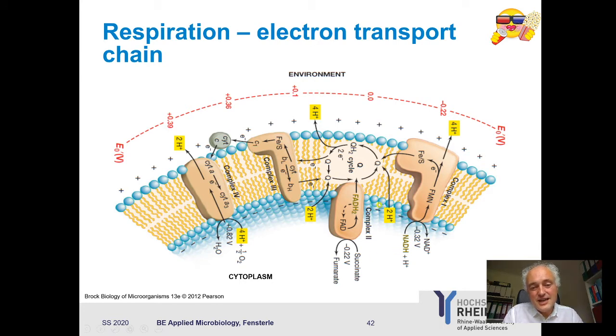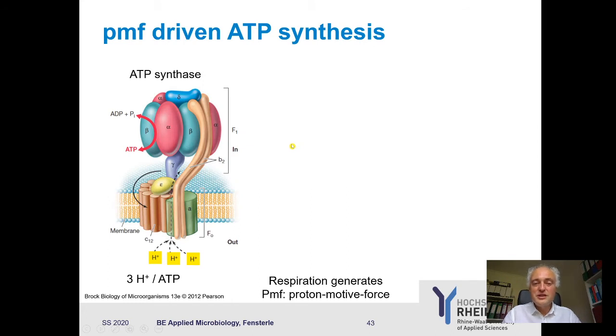This FADH is fed in at a different point because it has a lower electronegativity, so fewer protons are pumped. By the way, this FADH is already membrane coupled, so the oxidation of succinate to fumarate is a membrane-associated process.